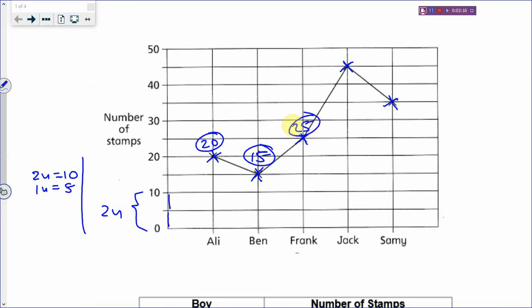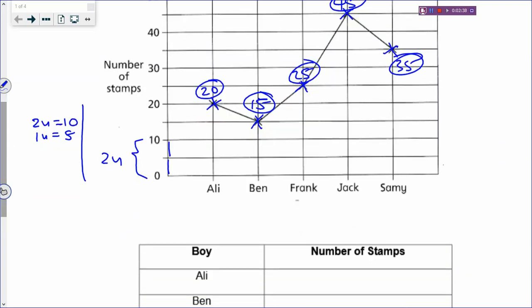Then you can see Jack has in between 40 and 50, that'll be 45. And Sammy has 35. So this is what you must do. Number one, count the gaps and find how big one gap is. Number two, put the numbers on the line graph. Number three, solve the problems.